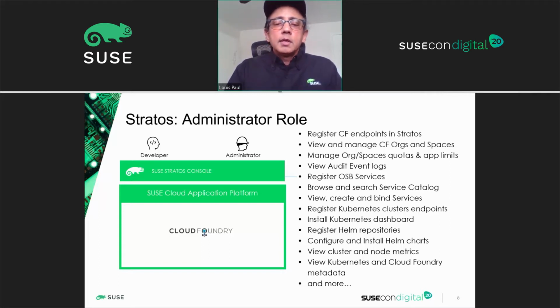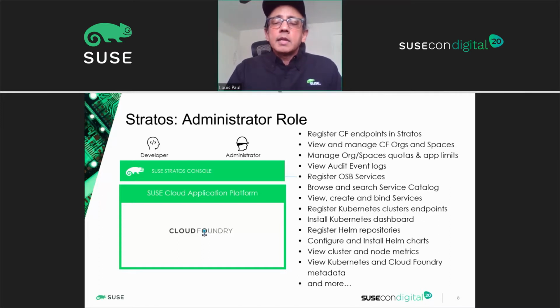One of the things that you can deploy directly to the Kubernetes clusters are services and applications for which you have Helm charts that you can register and then deploy from.